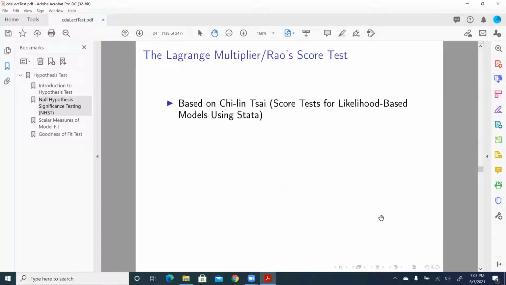Well, how do we implement the score test, or the LM or Rao score test?